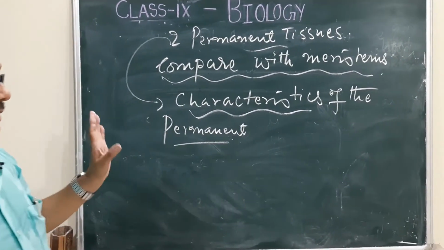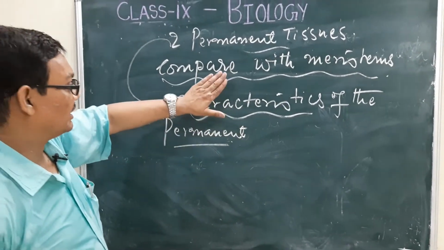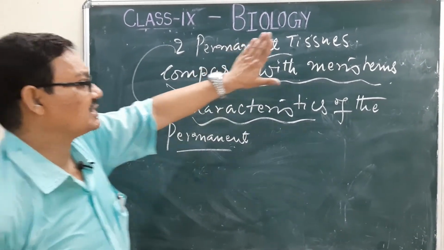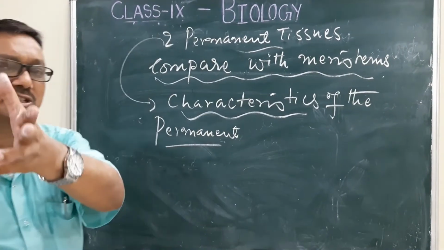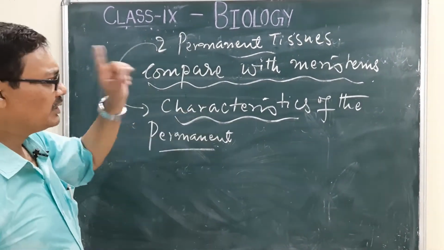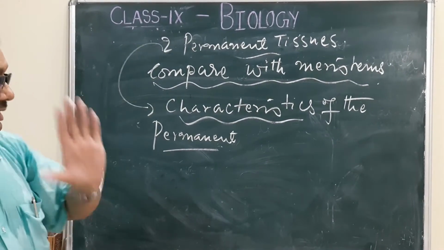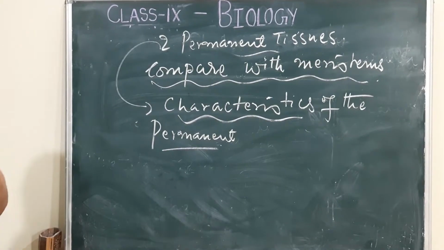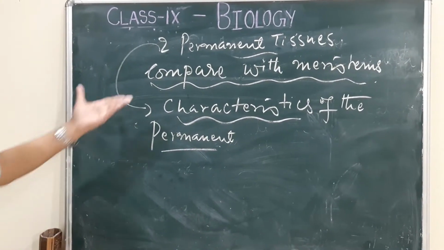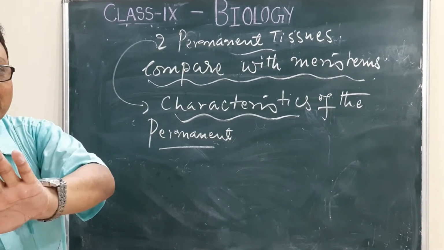If in your memory you have the points related with the characteristic features or the structure of the meristems, then you can easily compare. Like when you are talking about the meristems, the first point you write is that the cells always divide. Here what will you write? The cells no more divide.